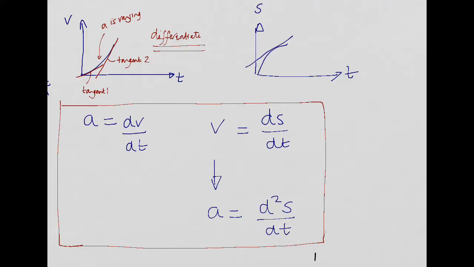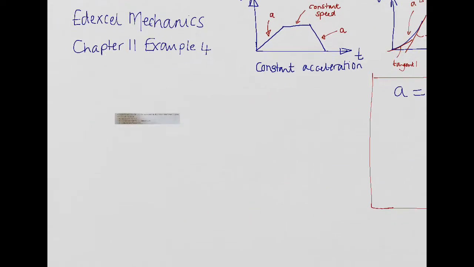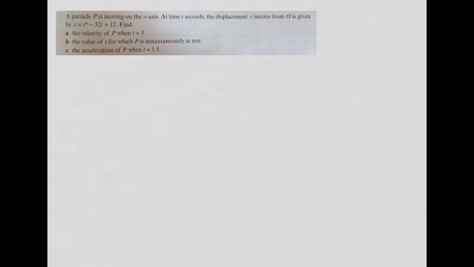So we're now going to look at the example. And if I take you over here, this example is taken from the book. It is example 4. And to start with, just so that we remember, we need to write down that a is equal to dv by dt.